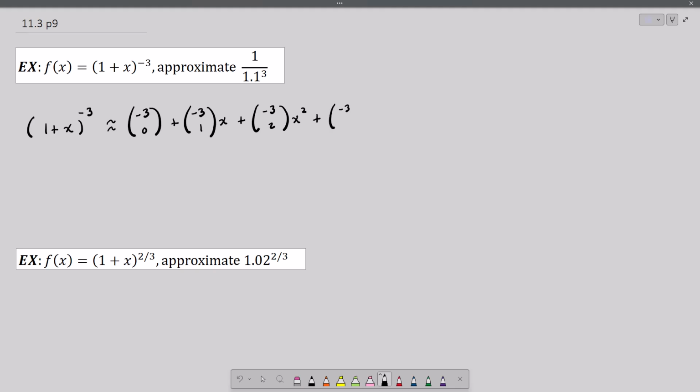It's accurate to the 10th. So we're going to agree on that generalized form up there. The power is -3, so we have -3 choose 0, etc. Geometric series of modified coefficients.